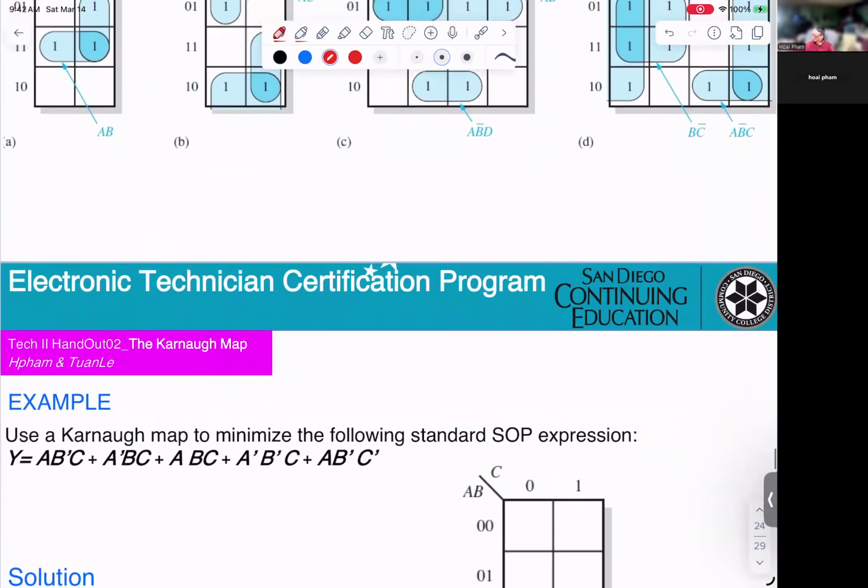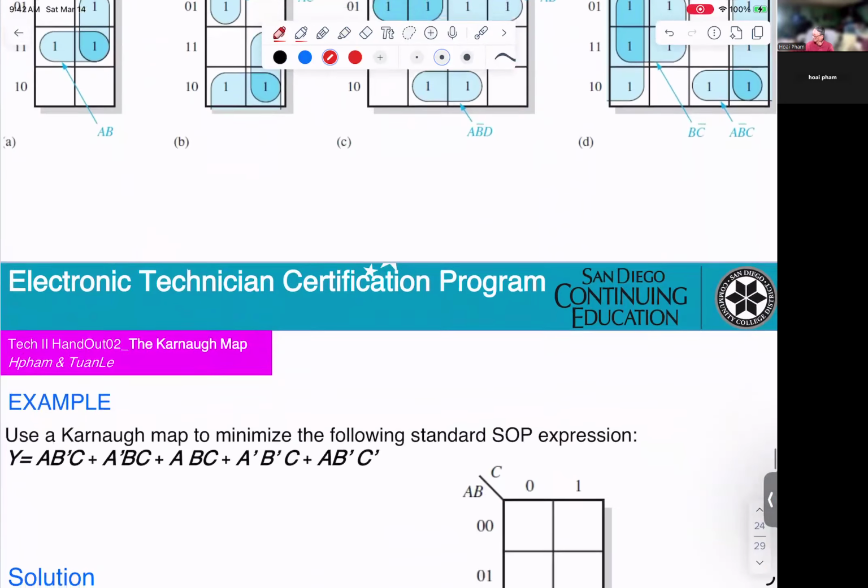A, B, C. A, B, C. I didn't see it. I don't know.